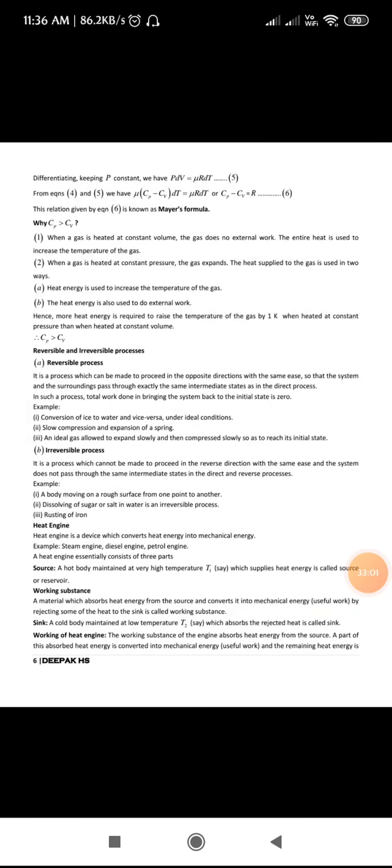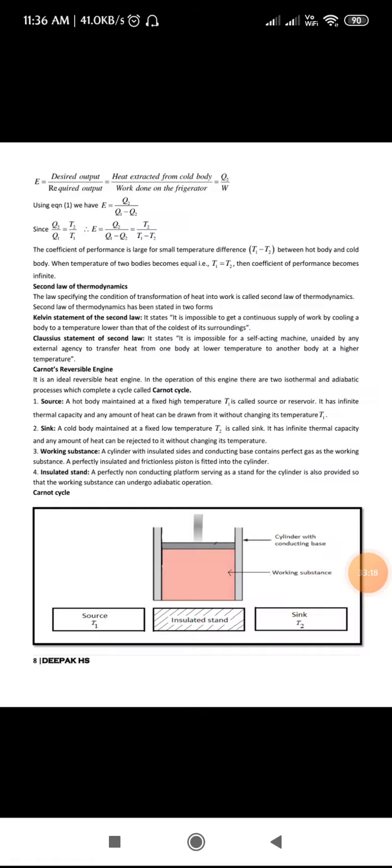Next, coming to reversible and irreversible processes. If they ask the definition, it will be for 1 mark. If they ask the definition with an example, it will be for 2 marks. Next, directly the second law of thermodynamics.